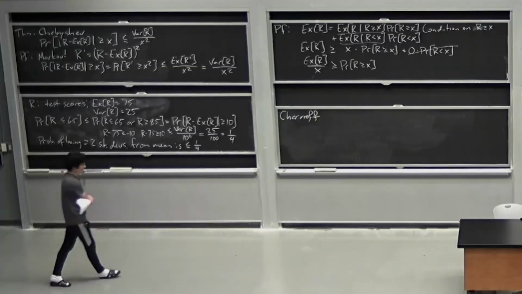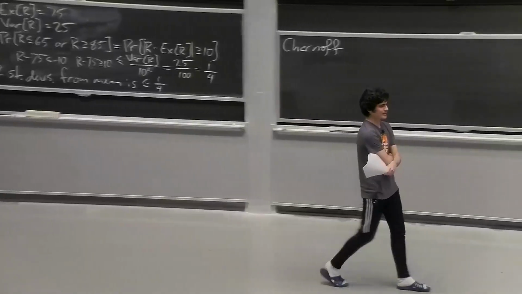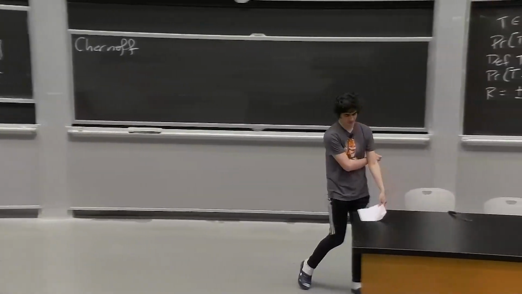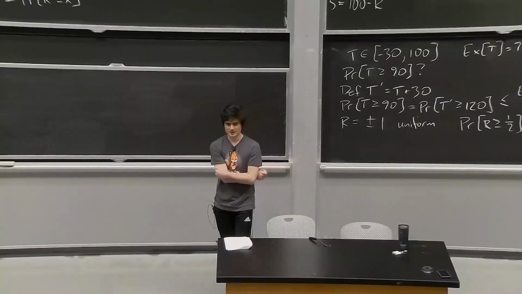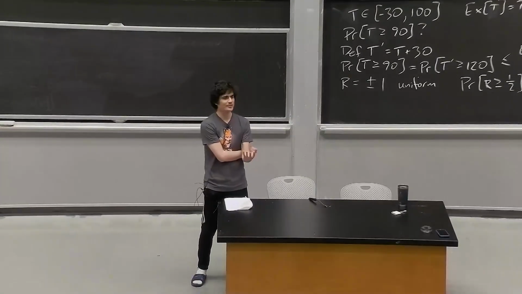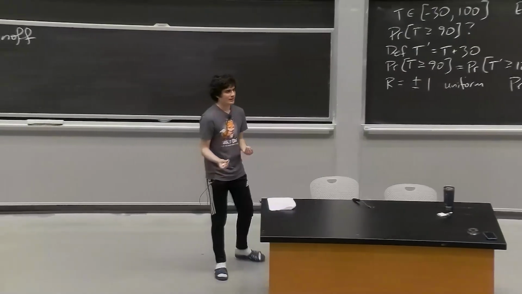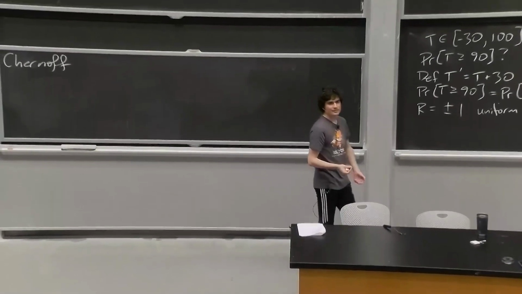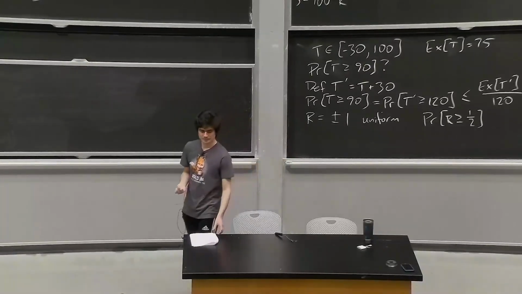As I just said, if you flip a whole bunch of coins, let your random variable R be the number of heads. You know a lot more about this random variable than just its variance. You can decompose your random variable into a sum of a whole bunch of indicators, and all of those indicators are mutually independent.